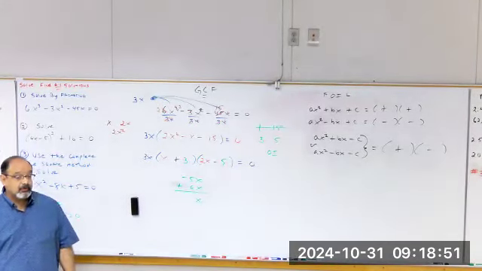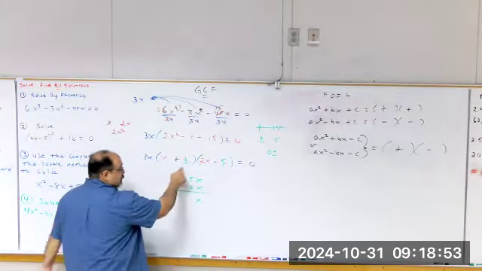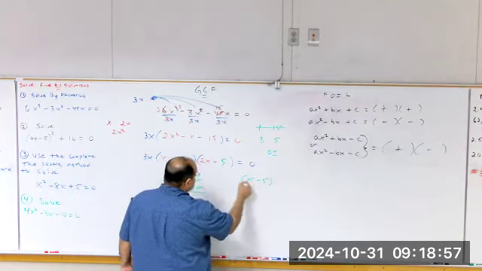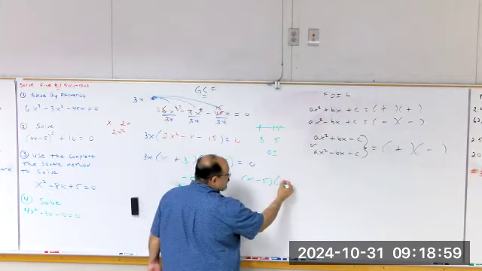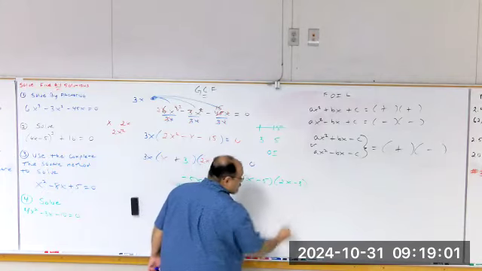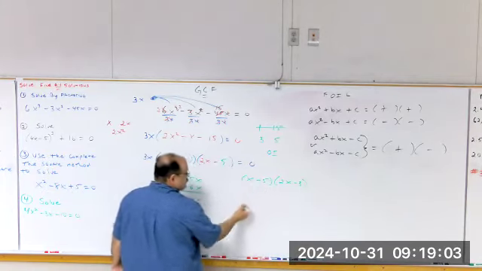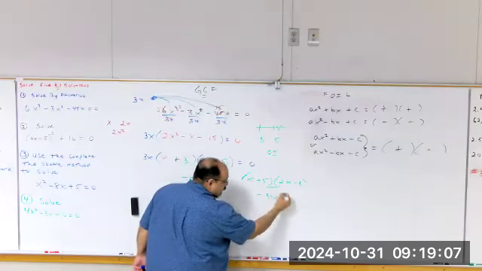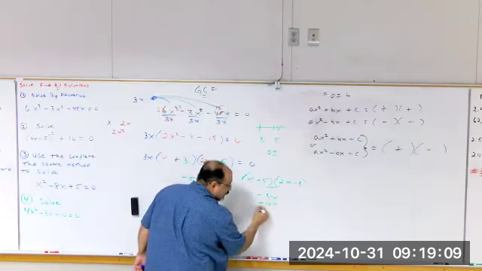Don't switch the numbers. If I trade the numbers, x minus 5 times 2x minus 3, if I switch the numbers, I just messed it up. Negative 3x plus 10x. Different answer.